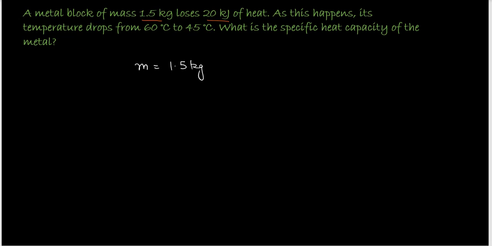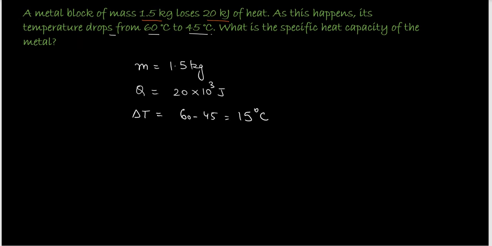It loses 20 kilojoules of heat, so they have already given us Q, the heat energy lost: 20 times 10 raised to the power 3 joules, because it is kilojoules here. As this happens, its temperature drops from 60 degrees Celsius to 45 degrees Celsius. So what is delta T? The change in temperature is 60 minus 45, that's 15 degrees Celsius.